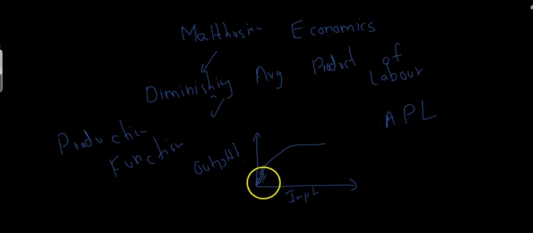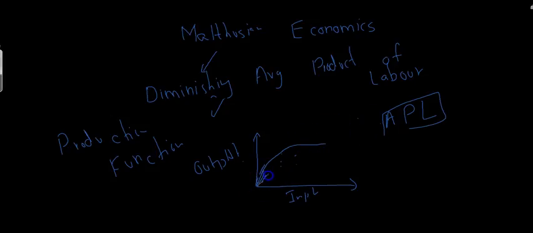This is APL. So you can see it diminishes. So the production function is showing that there is a diminishing average product of labor. So you might be asked to draw a production function to explain the diminishing average product of labor. So this is a good way of explaining it.